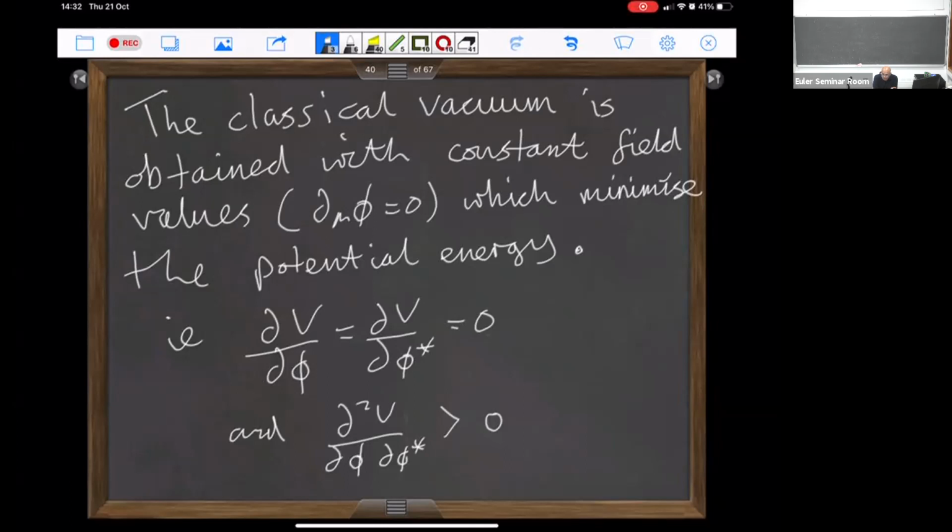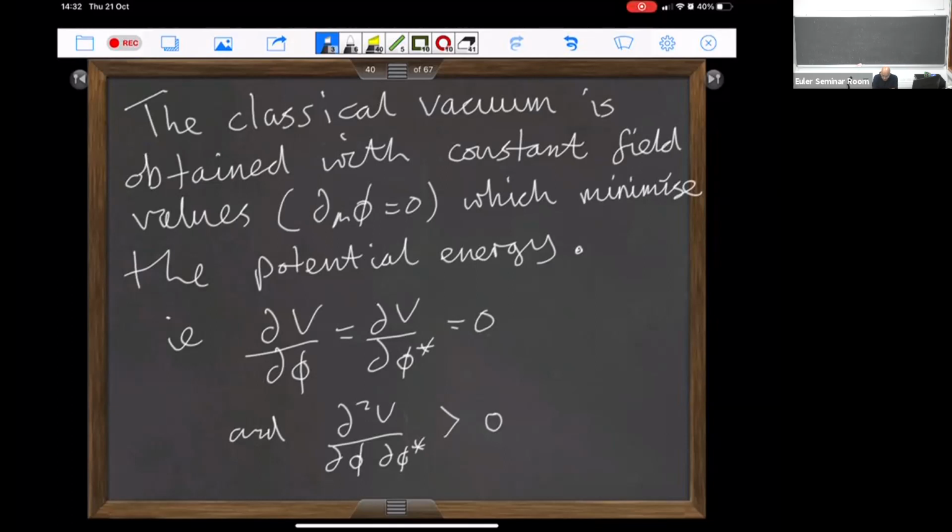But a constant value of phi, because phi is a scalar, will give you a Lorentz invariant state, and we want to then minimize the potential energy. So if we do that, we get the classical vacuum.